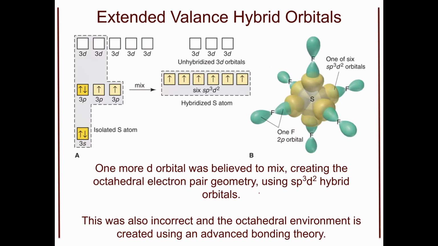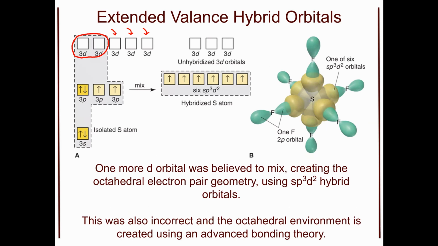This was incorrect when they believed that this was sp3d2, because if you're going to use 2 of the d orbitals, what is stopping you from using 3, 4, or all 5? Why can you not have 8 attachments to an atom?